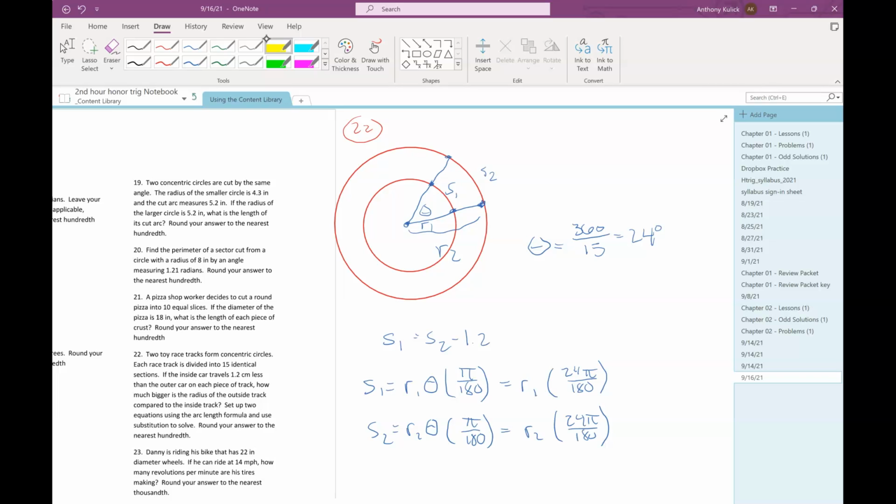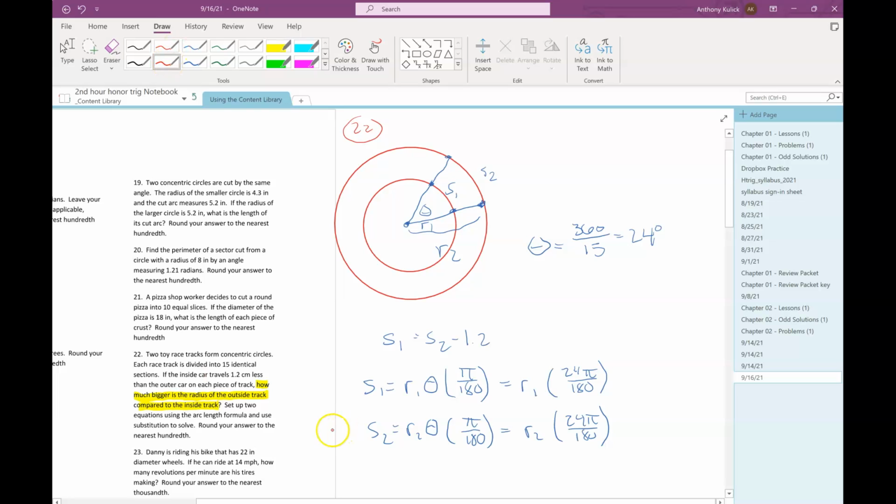Here's why it's sneaky. It's not actually asking us to solve for R1 and R2. It's just asking us how much bigger is the radius of the outside compared to the inside. So what it's really asking us to solve for is R2 minus R1.